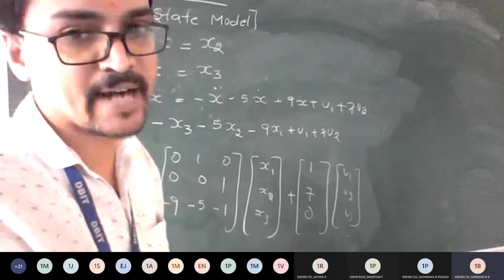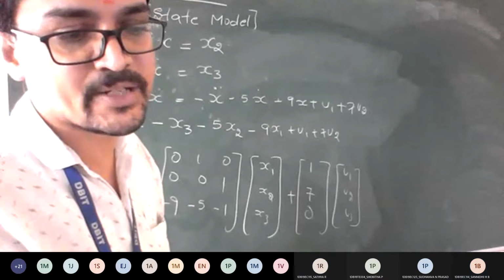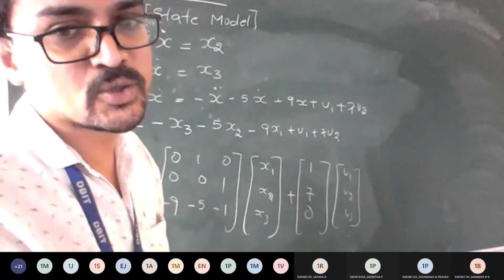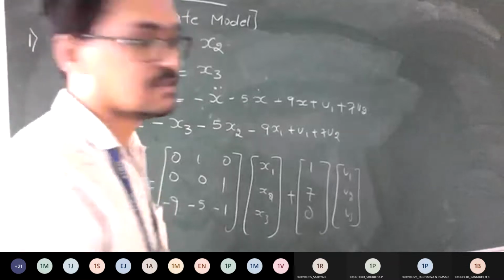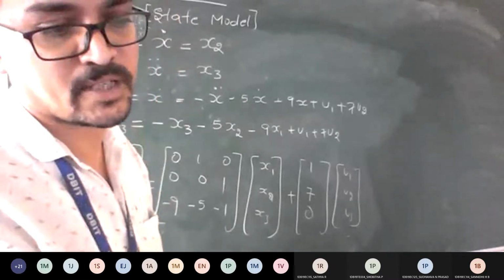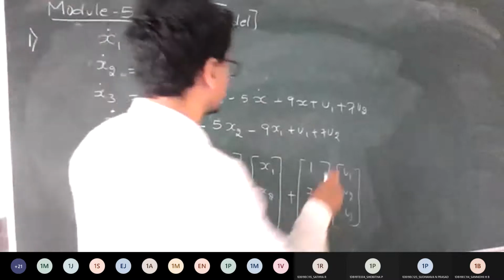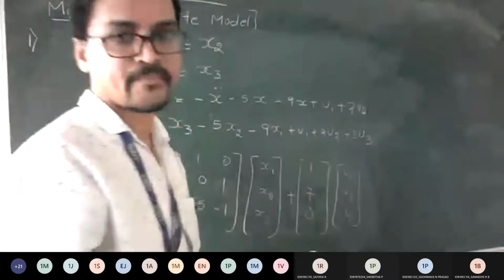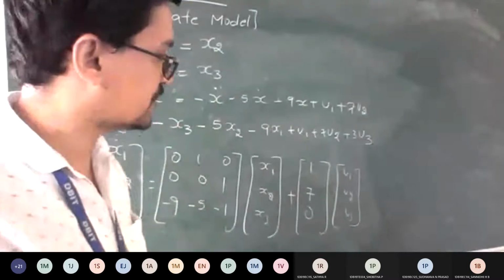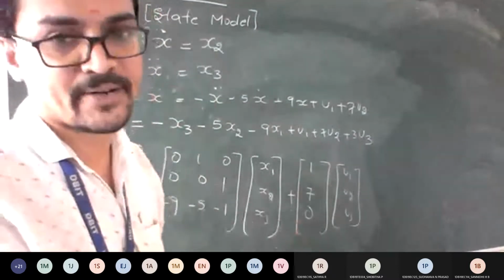Yes, you just add one more term. So it is u1 plus 7 u2 plus 3 u3. So the equation is there with respect to u3 also. I think I missed that. The question has plus 3 u3 also. You just add that, guys. So after that addition, tell me what is the matrix now.